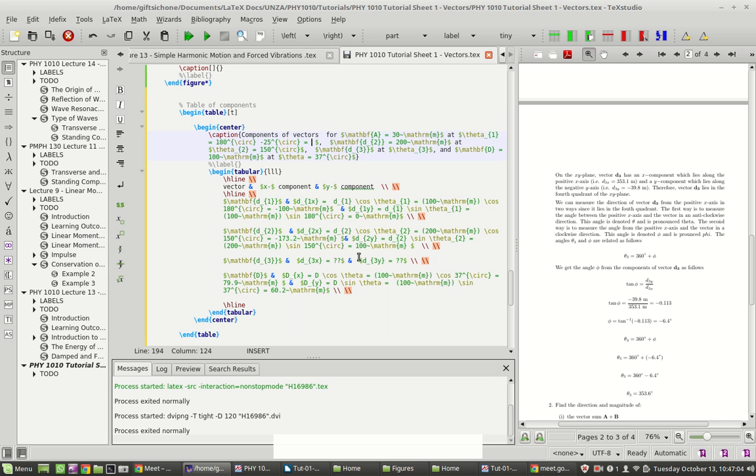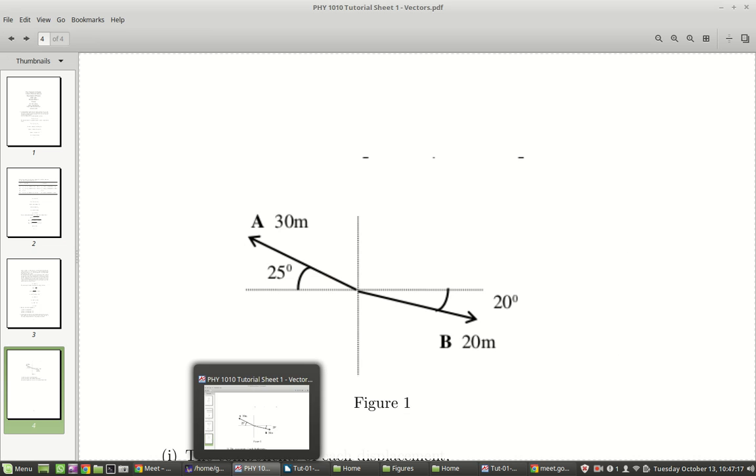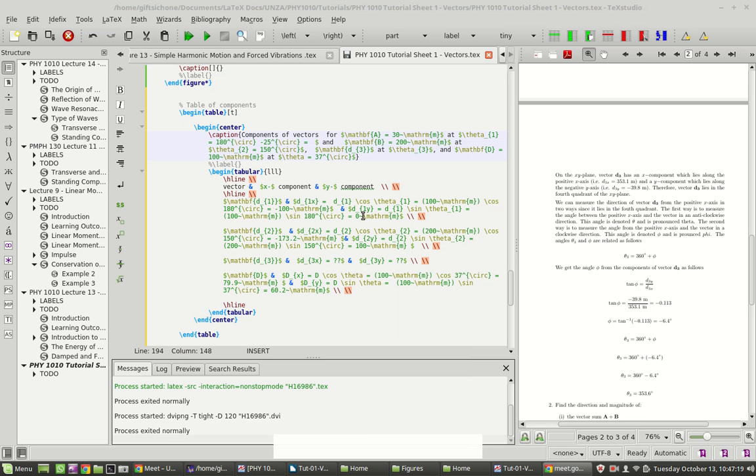We'll work that out later. Then vector B is 20 meters at an angle of 360 degrees minus 20 degrees.